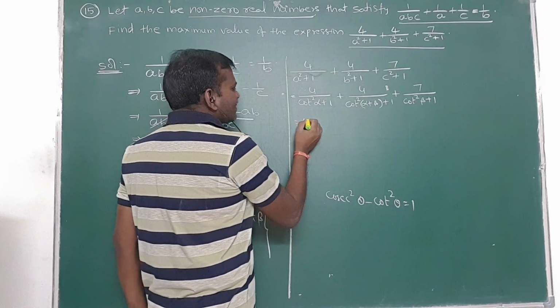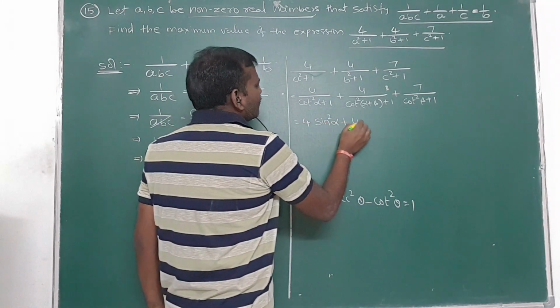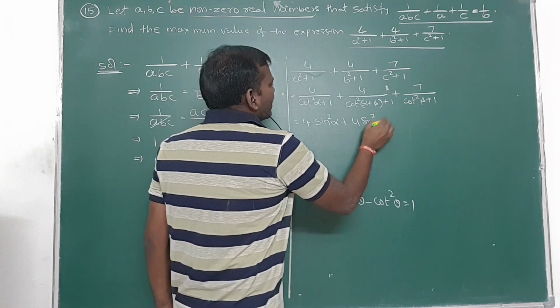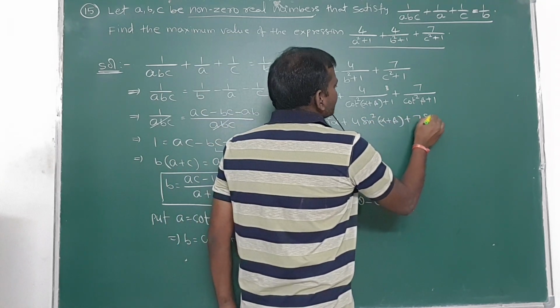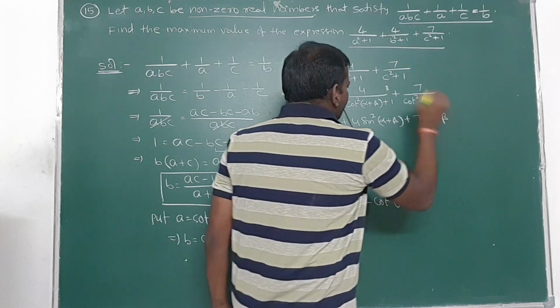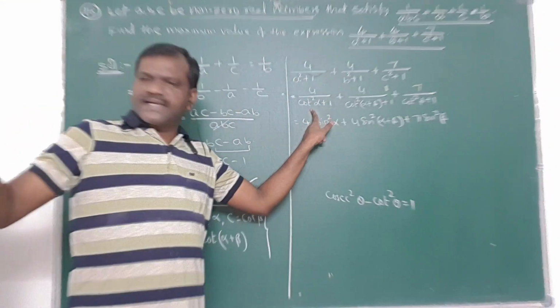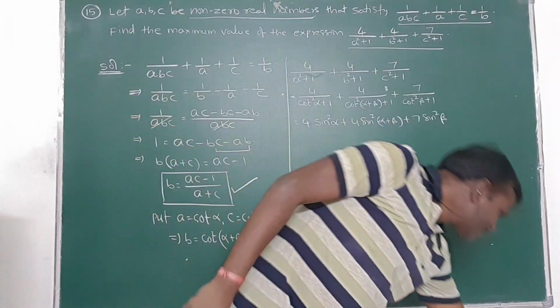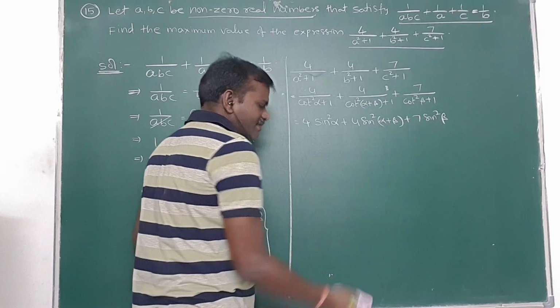That's why this can be written as 4 sin square alpha plus 4 sin square of alpha plus beta plus 7 sin square beta. Cosecant square in the denominator, this is cosecant square alpha, so 1 by cosecant square alpha is sin square alpha. That was the use there.